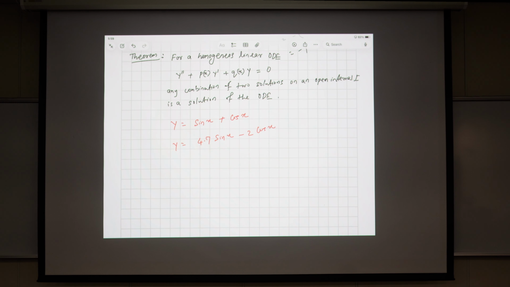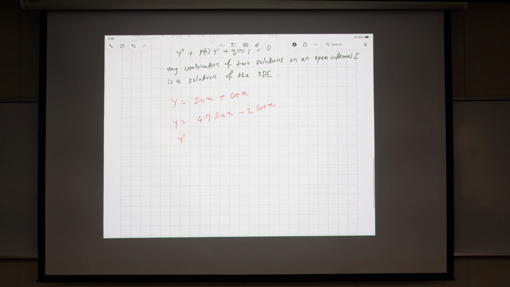Because if I take y dash, then it is 4.7 cosine x plus 2 sin x.